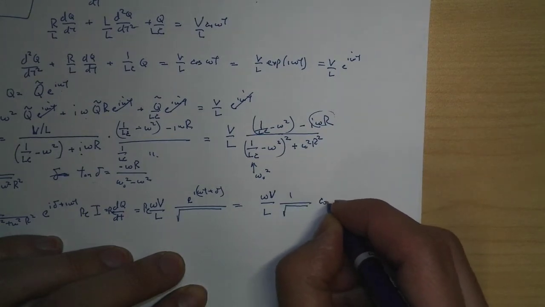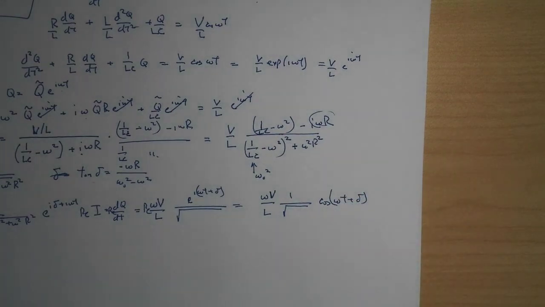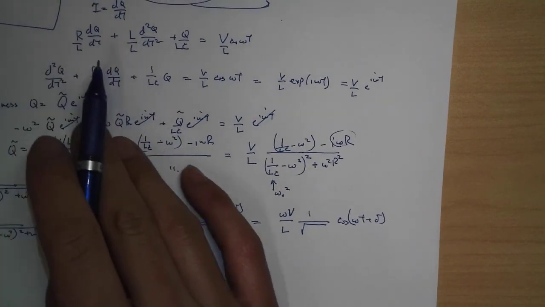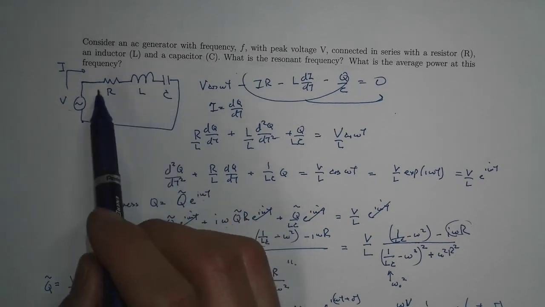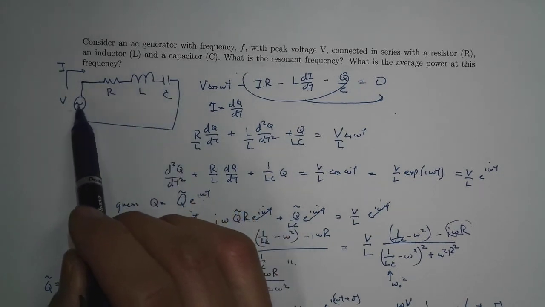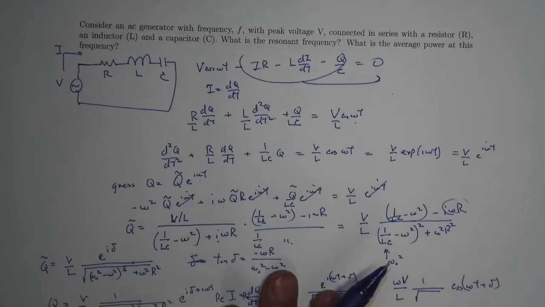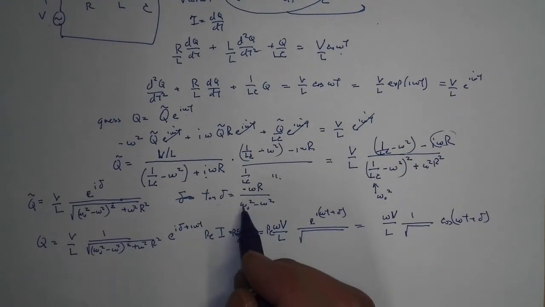This is now a cosine of omega t plus delta. Now this delta is the phase shift as a result of these extra circuit components here, namely the inductor and the capacitor. This basically results in a phase shift, which means that wherever we drive at the frequency omega t, the response is going to be different by some phase, which we can calculate from here.